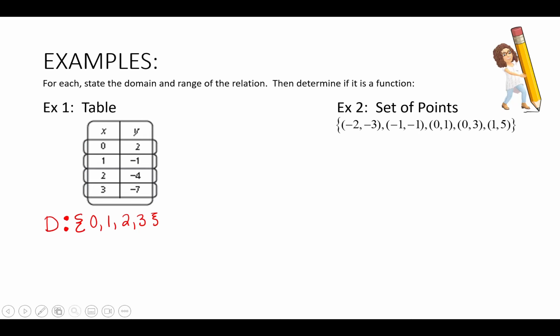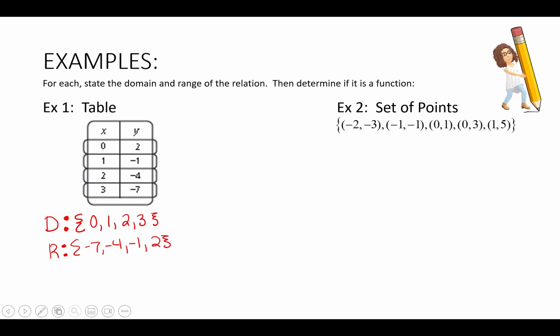Just like that. Now we're going to do the exact same thing, same rules for the range, it's just the y values. Now notice I can't list it 2, -1, because that's not numeric order. I have to start with the smallest. So I'm going to start with -7, -4, -1, and 2. Just put that in that order.